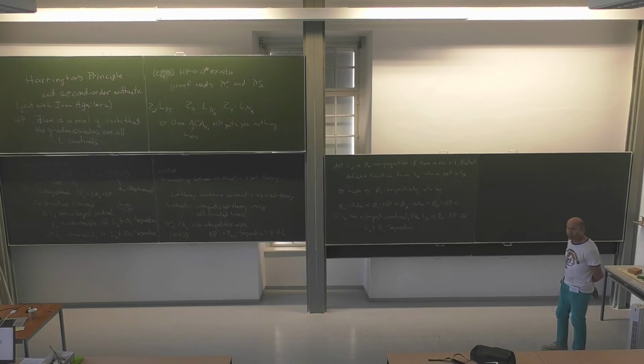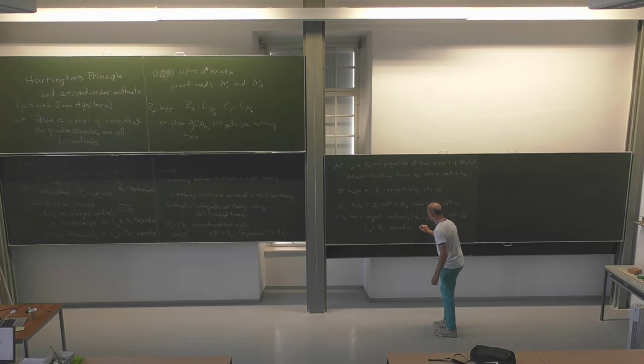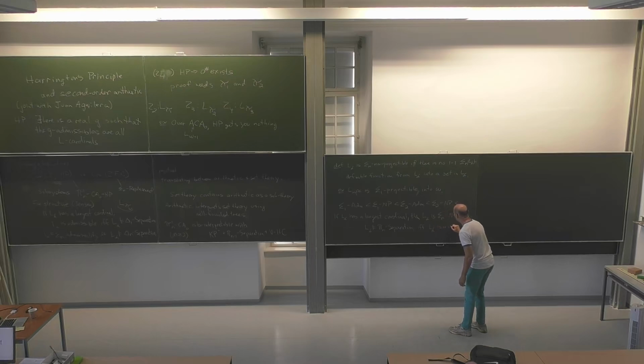What's the nicest way to phrase this in terms of set theory? Well, again, in the presence of a largest cardinal, another equivalent formulation is that L alpha is a union of a chain of sigma n elementary substructures.